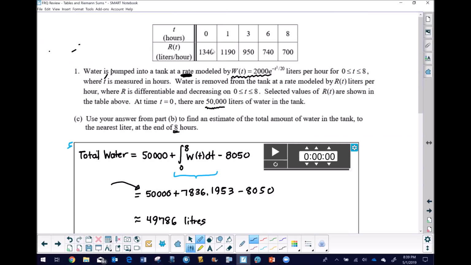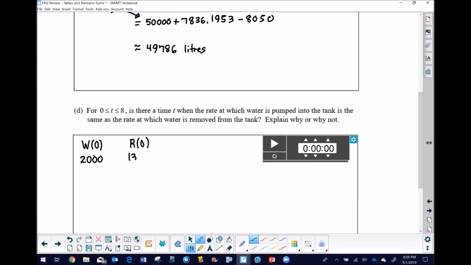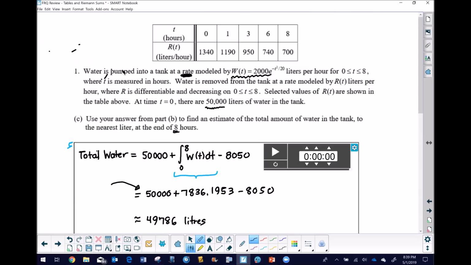Right here in the chart, 1340. So from that comparison, we can make the assumption, well, it's more than an assumption, that the rate at which the water is pumping into the tank is greater than the rate that it's coming out. So the tank's filling up.